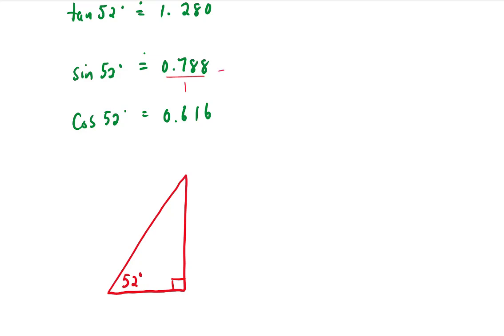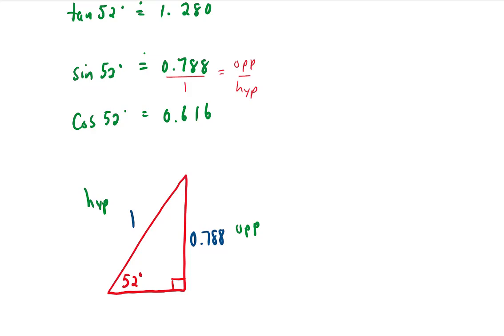And sine is equal to the opposite over the hypotenuse. So if we have angle 52, remember this is our opposite side, this is our hypotenuse. So that means that this side length has a ratio of 0.788 to the hypotenuse value of 1.